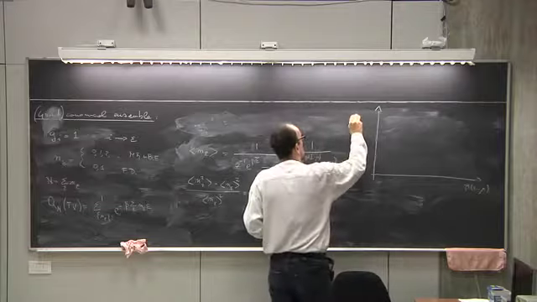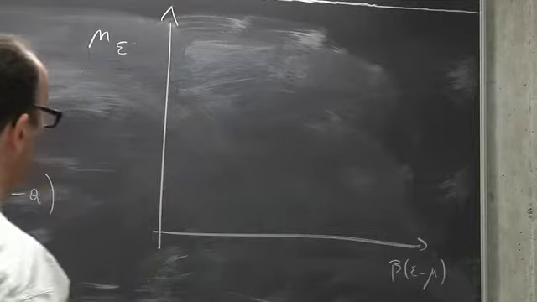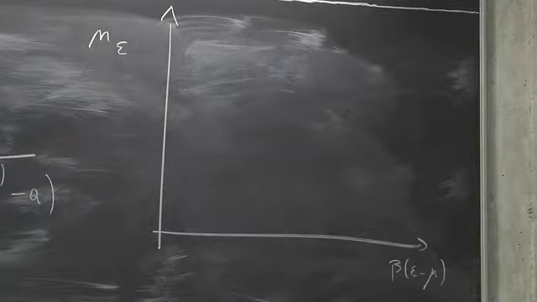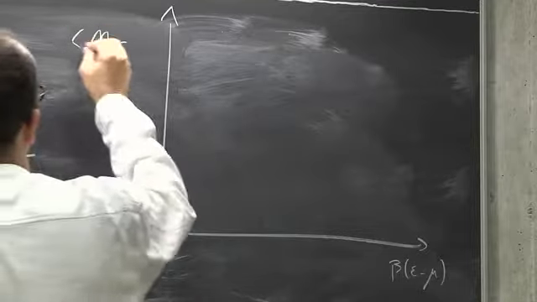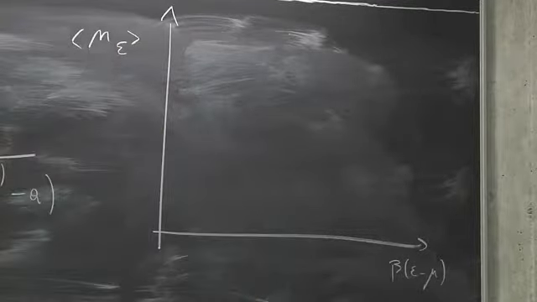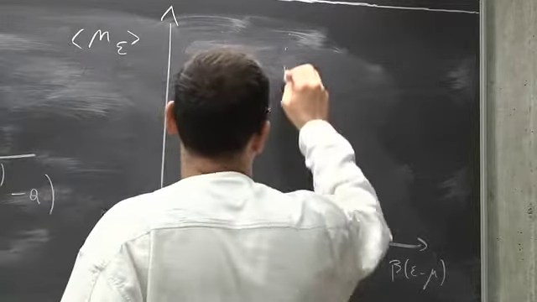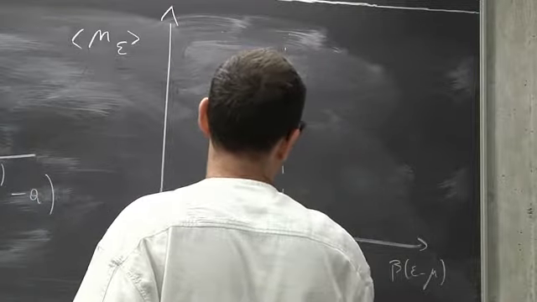If you write the average occupation number of energy epsilon, then imagine that this is 0.